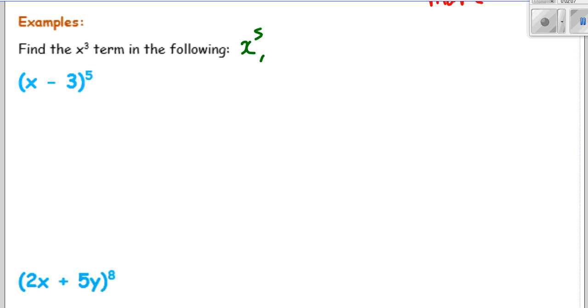What would be the exponent on the second term? x4, x3, x2, x1, and so on, to x0. We want the x cubed term. So I do this to work out where it's going to be. It's going to be there.